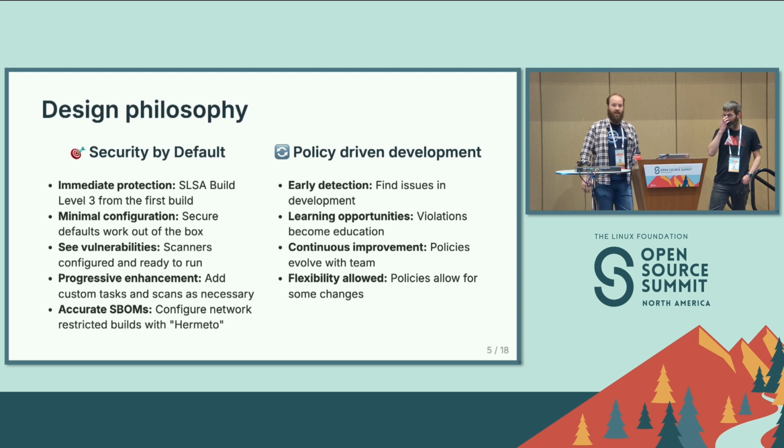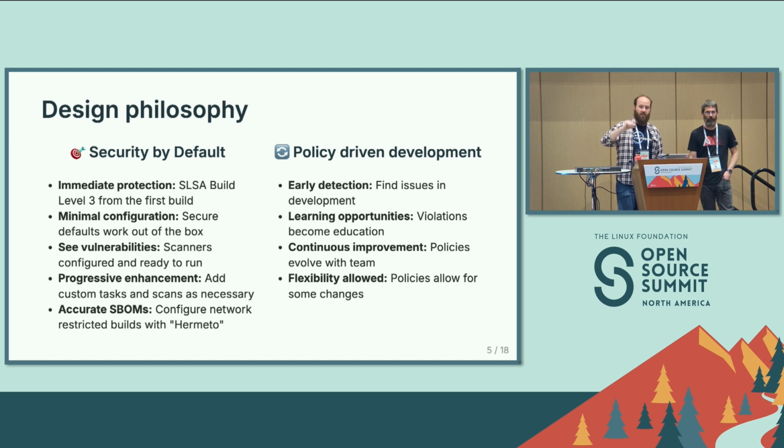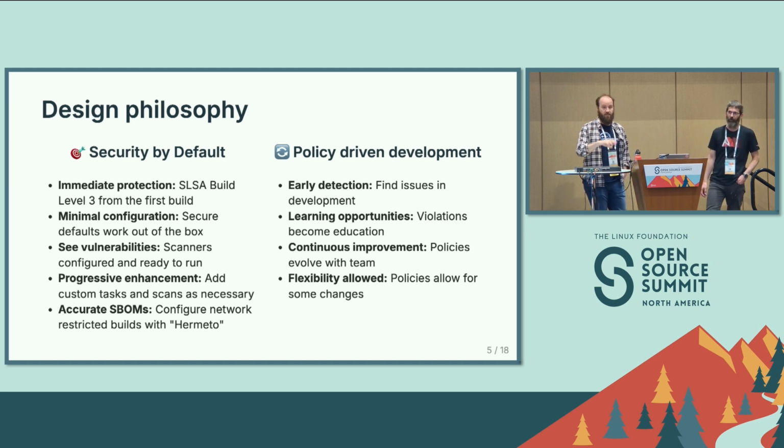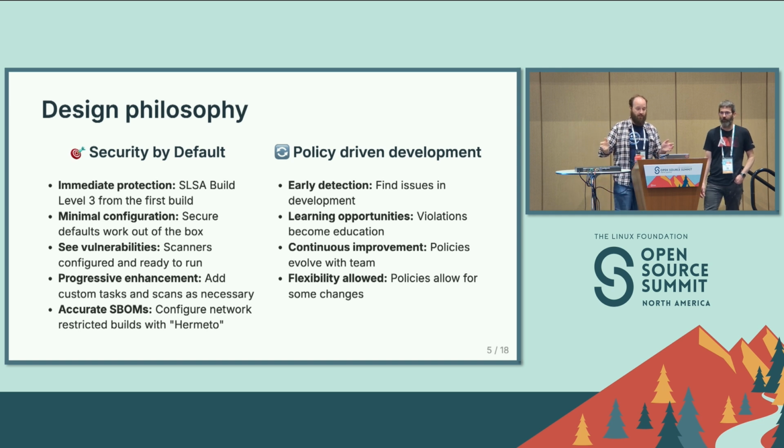And as Adam talked about yesterday, using the Hermeto tool, you can prefetch the dependencies and have accurate SBOMs, because you're building these artifacts in network restricted environments, so the only thing available to you is this content that has been prefetched. All of this produces metadata.